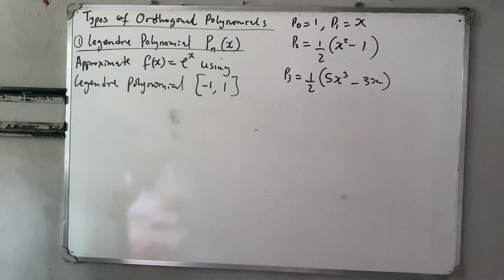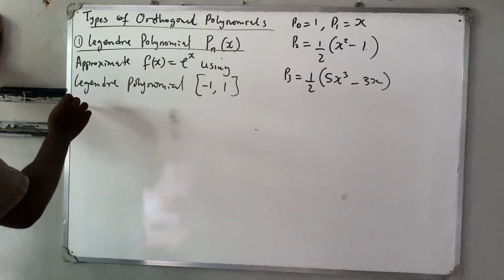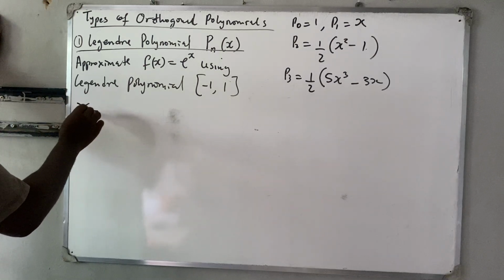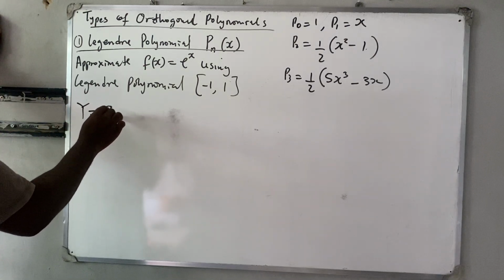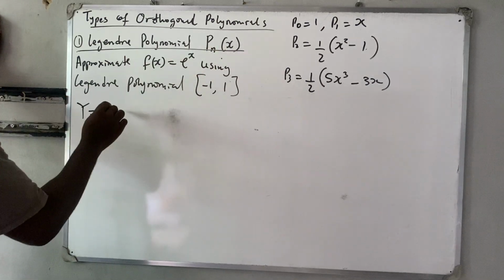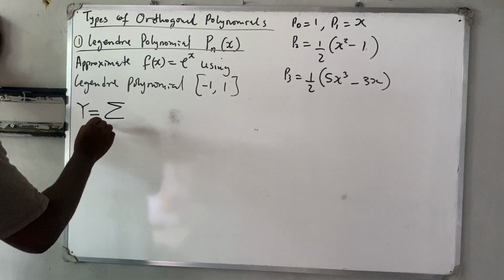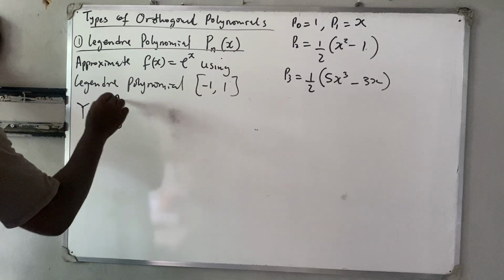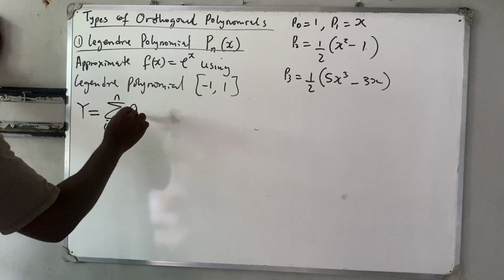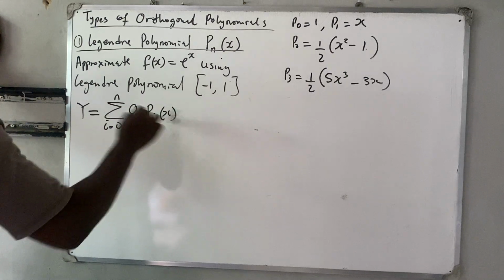Don't forget what we are supposed to do here. The first thing we're going to do is to write out how it will look like. Remember, it's going to look like our y, and our y is always what? A naught. I told you in Legendre we're using P. So instead of phi, I'm using P. In fact, you write it first like the summation of i starting from 0 to n of a i P i of x.